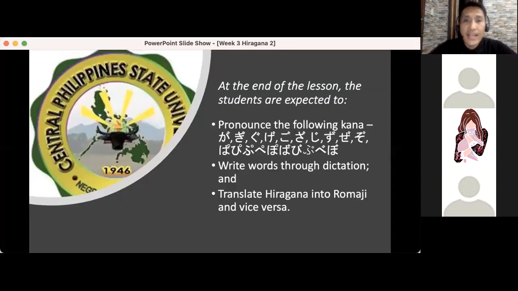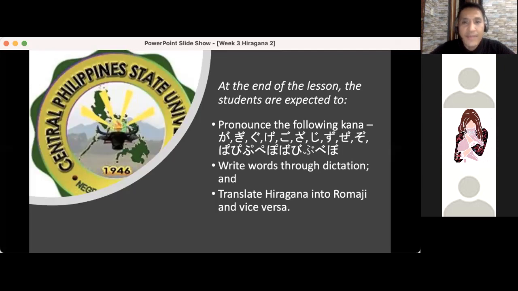At the end of the lesson, the students are expected to pronounce the following kana. I know you cannot read these yet, but let me read them for you. Ga, gi, gu, ge, go, za, ji, zu, ze, zo, pa, pi, pu, pe, po, ba, bi, bu, be, bo.